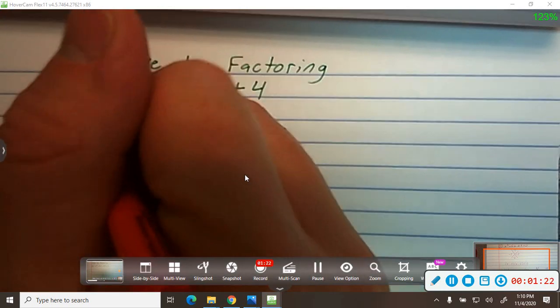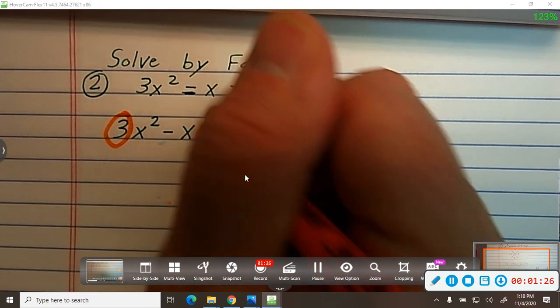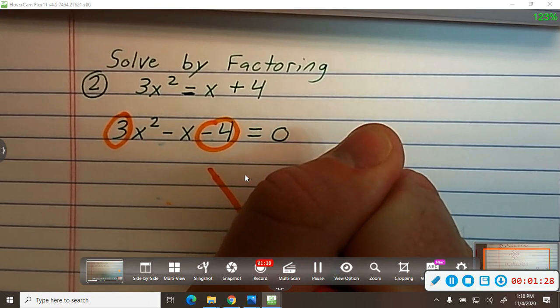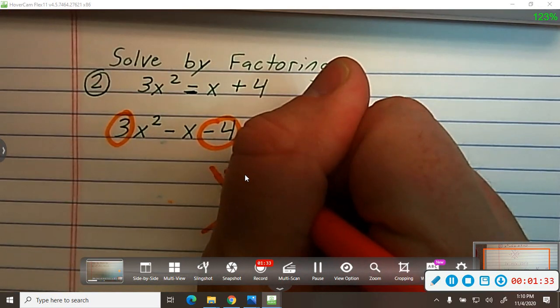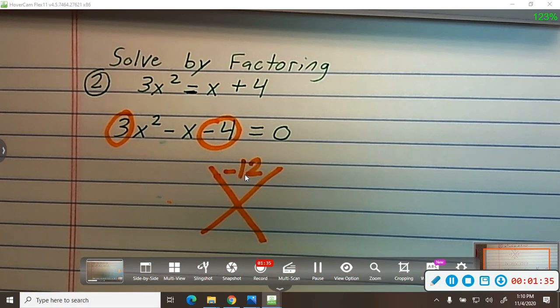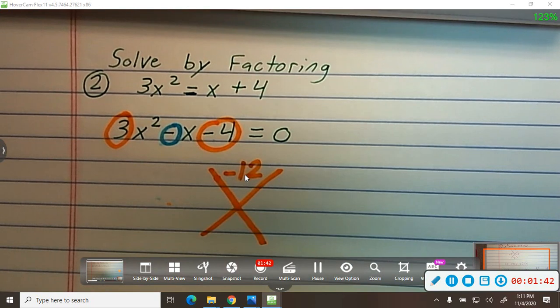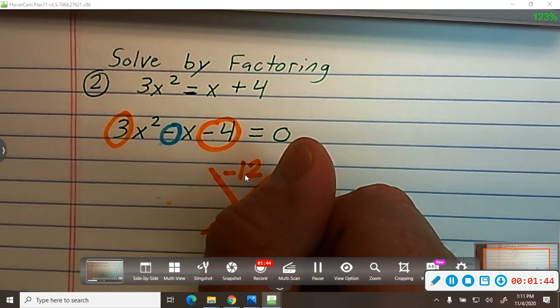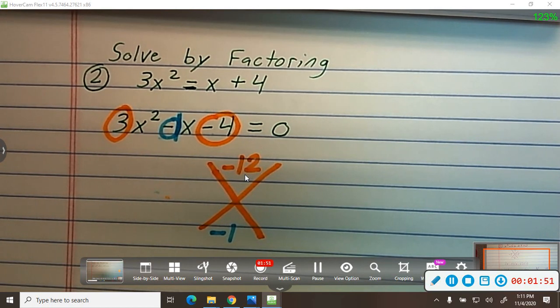you take this number times this number, you put that on top, and then we covered this last week. So 3 times negative 4 is negative 12. You take this number, which happens to be negative 1, because that's like a 1 out front. And we're trying to find two numbers that multiply to negative 12, but add to negative 1.